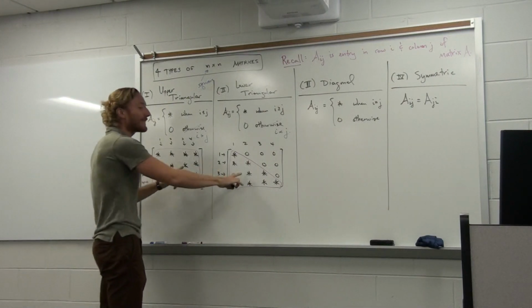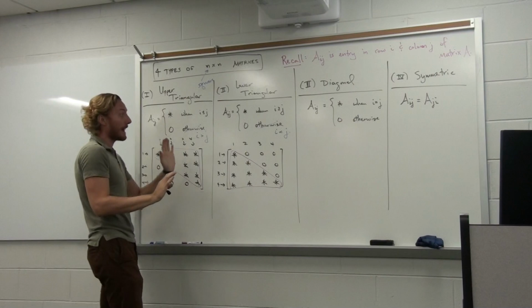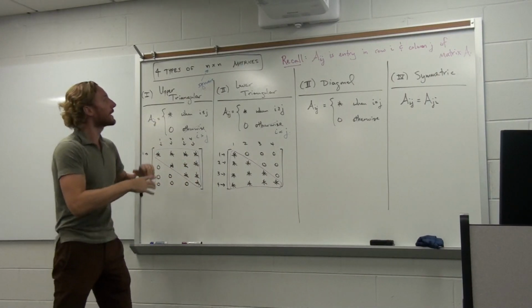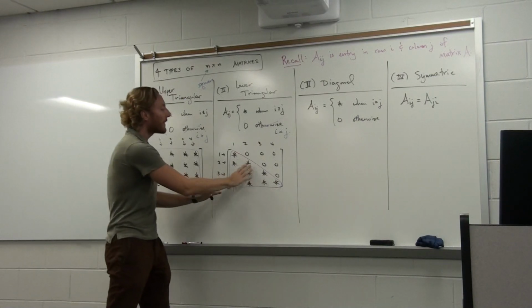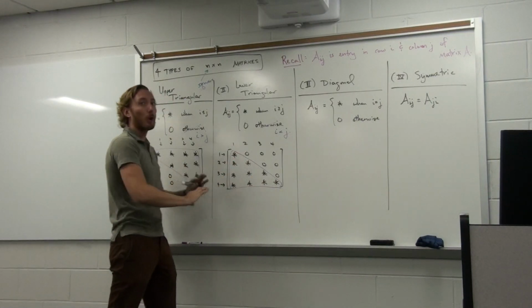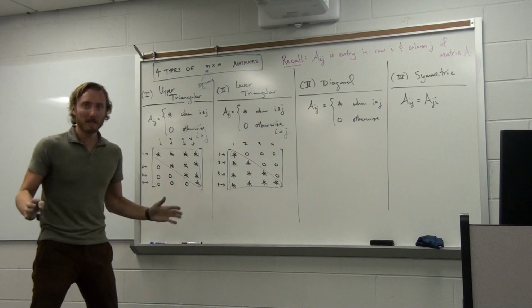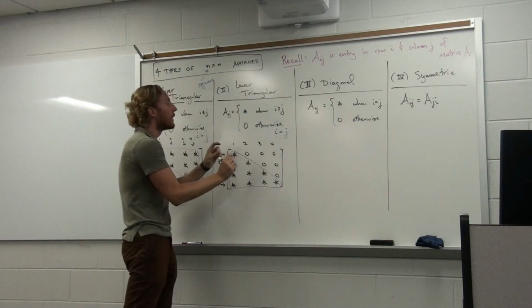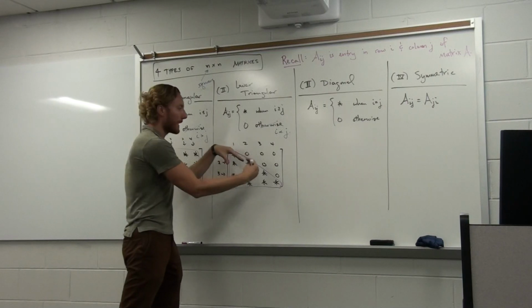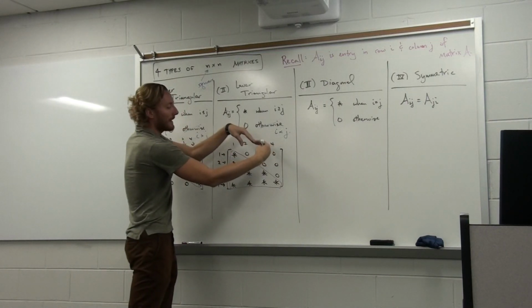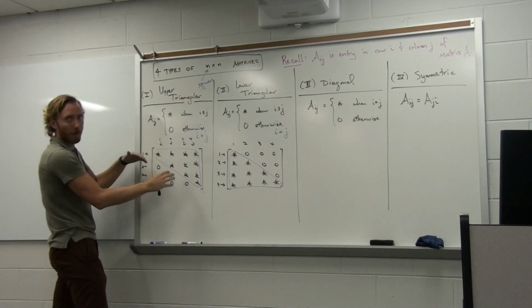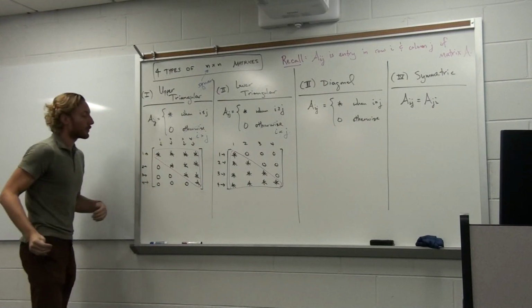So you could have a zero in one of those positions. Heck, you could have a zero in all of those positions. But when you talk about a lower triangular matrix, the values where the asterisks are could be anything, so they don't have to be zero. The only positions where you're forced to be zero are, in the case of a lower triangular matrix, the values in the upper triangle above the diagonal, and in an upper triangular matrix, the values below the diagonal.